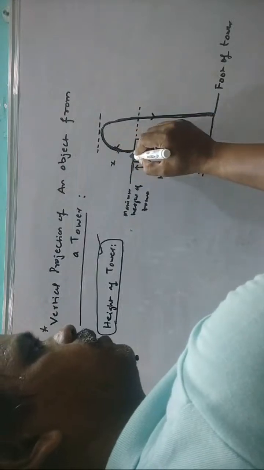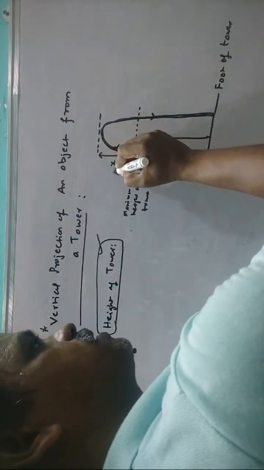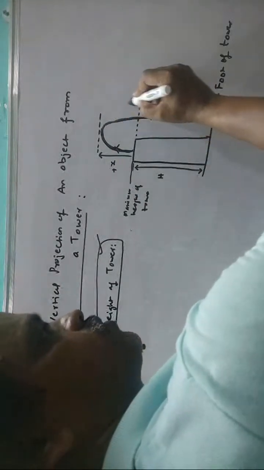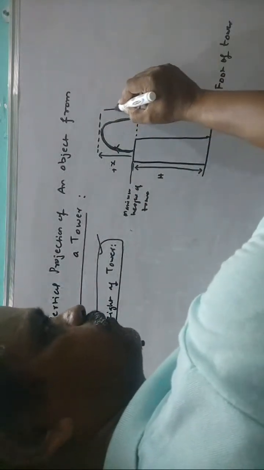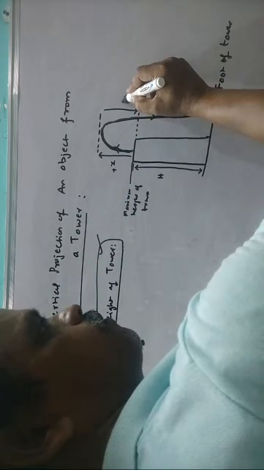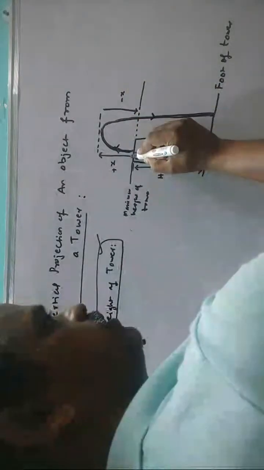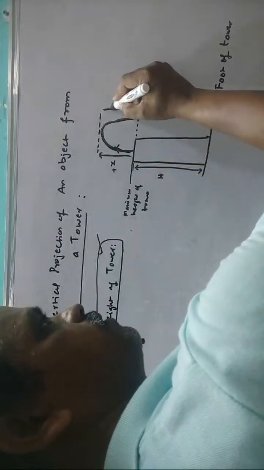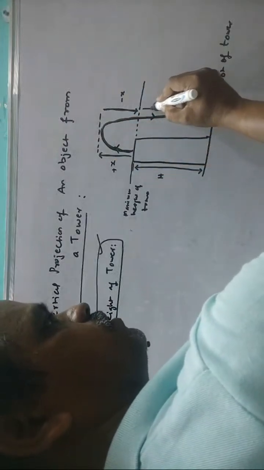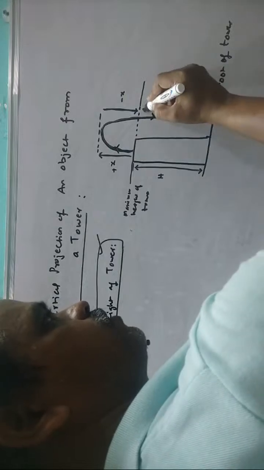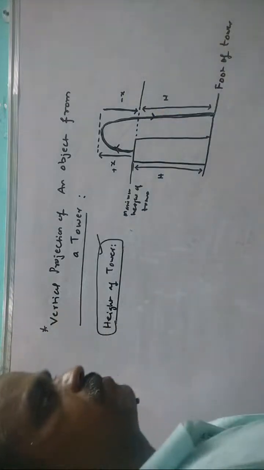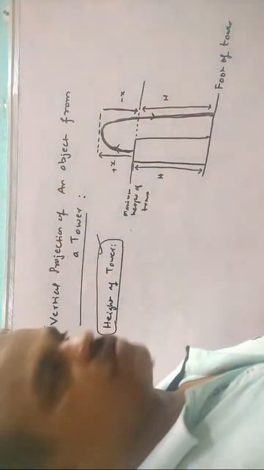Here it will go up plus x. Then it will come back to the same position. This is also minus x displacement in this direction. It goes up to maximum height, then reaches this position. Then this will be the height of the tower. Is it or not? Yes.